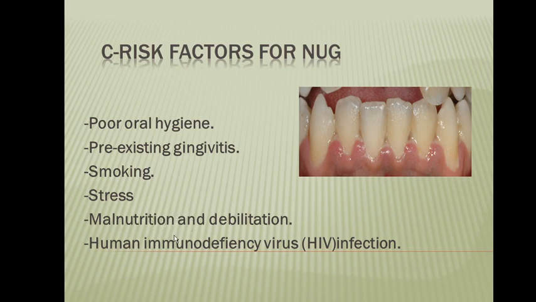So malnutrition will lead to acute necrotizing ulcerative gingivitis. Also, patients with HIV or human immunodeficiency virus infection will get necrotizing ulcerative gingivitis.